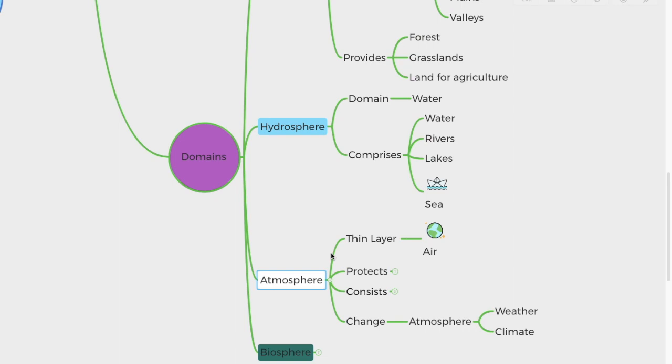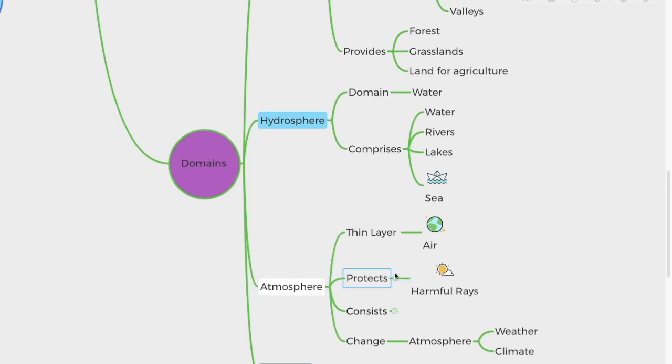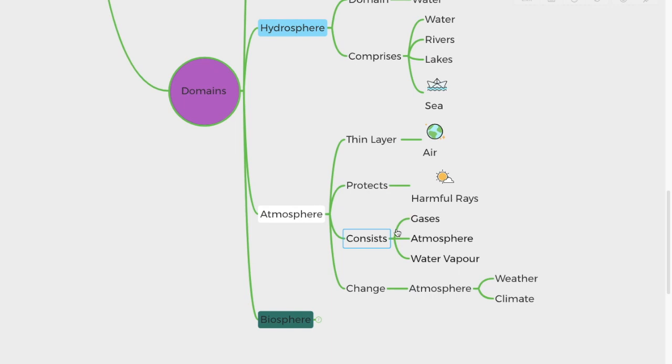Thin layer of air that surrounds the earth. And it protects us from many harmful rays or radiations of the sun. And it consists of gases, water vapor, etc. And when there is change in an atmosphere, there is change in weather and climate.